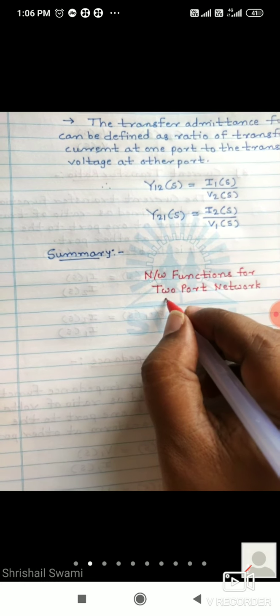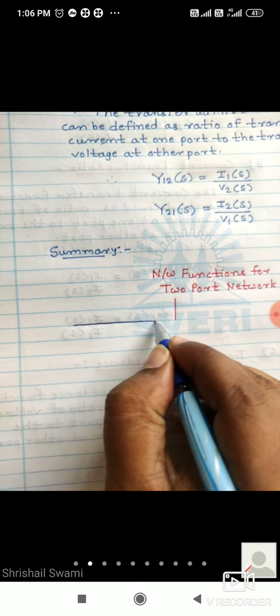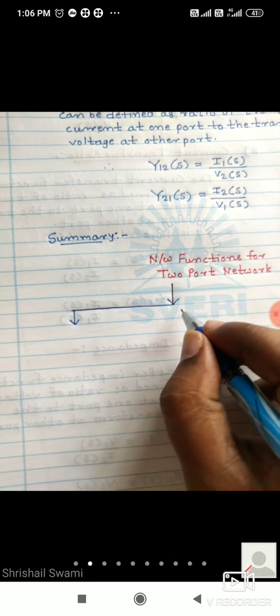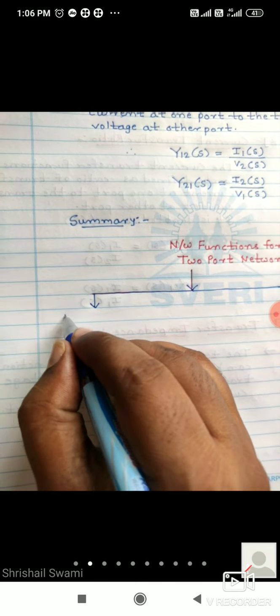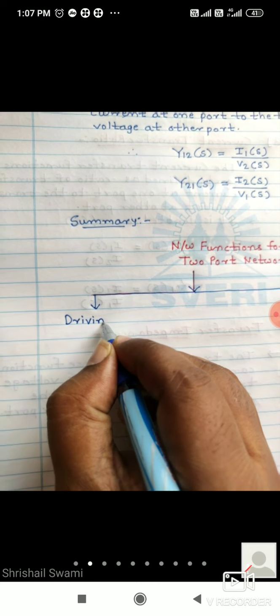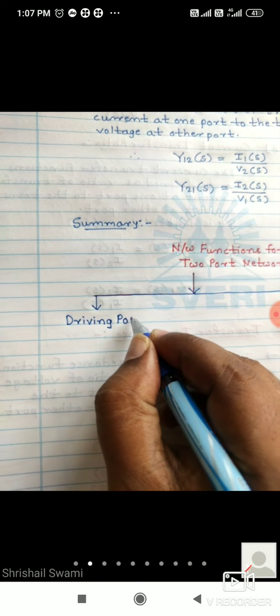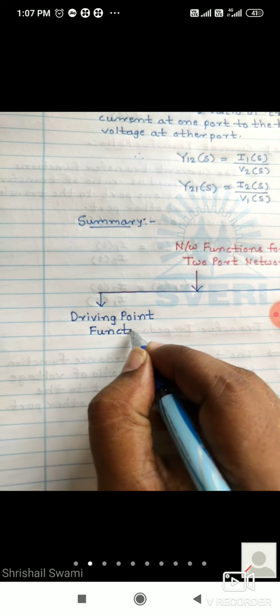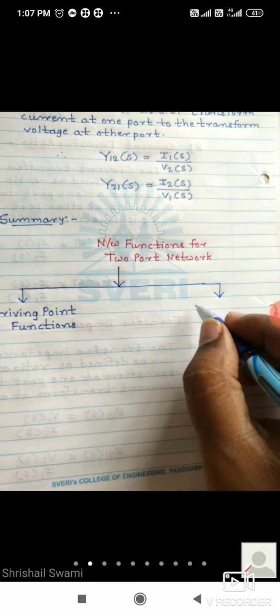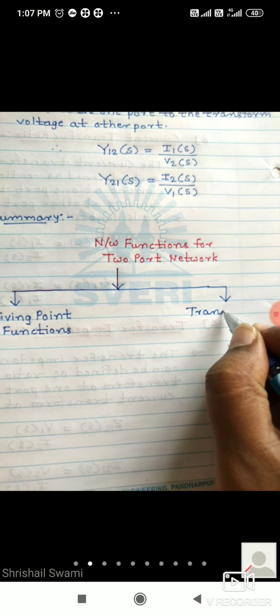There are two types. Here it will come driving point functions. Here it is coming transfer functions.